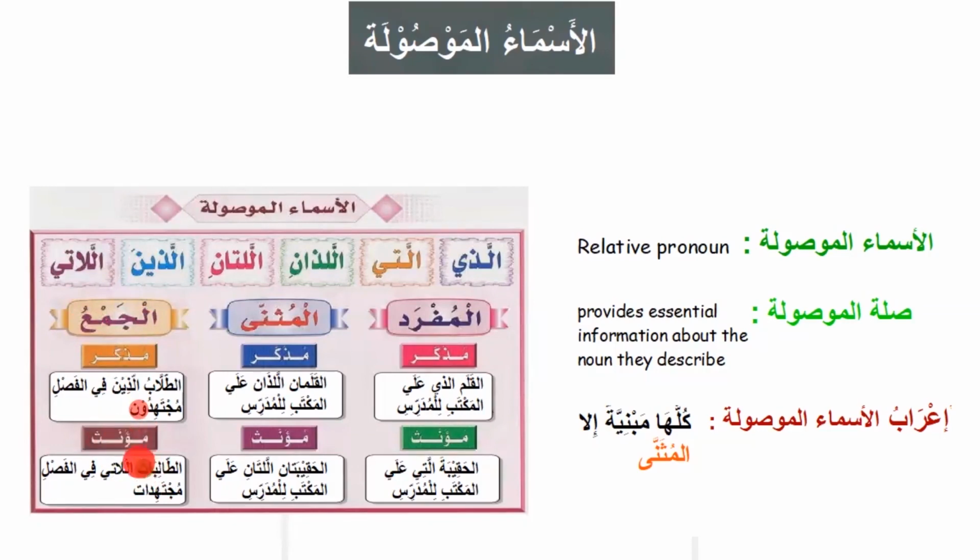So you see again, it is coming back to the relative pronoun. It is revolving around the relative pronoun. So that relative pronoun is only used for jam'u mu'annas, when it is plural and feminine in gender. Okay. So at-tolibatu allati fil fasl mujtahidatun.